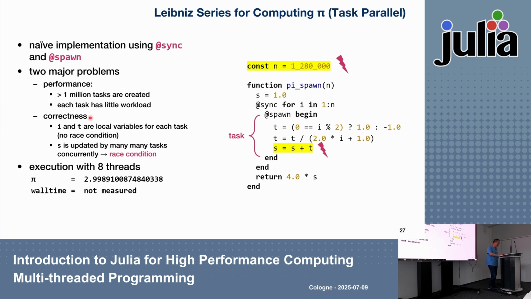One serious correctness problem is the so-called race condition. Race condition means here S actually starts from outside of this multi-threading region.